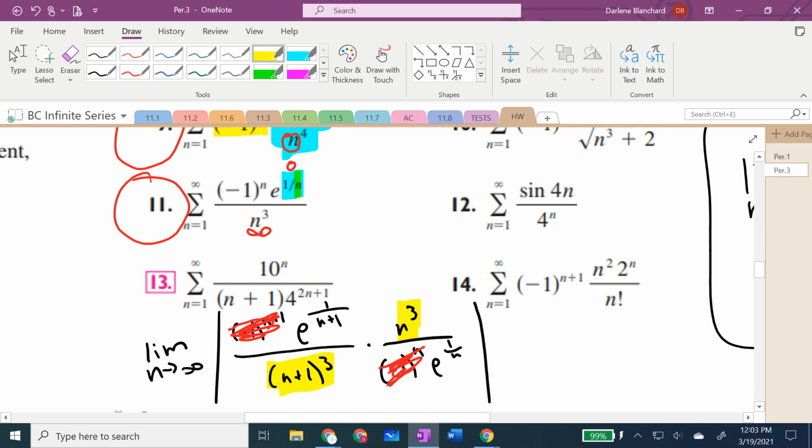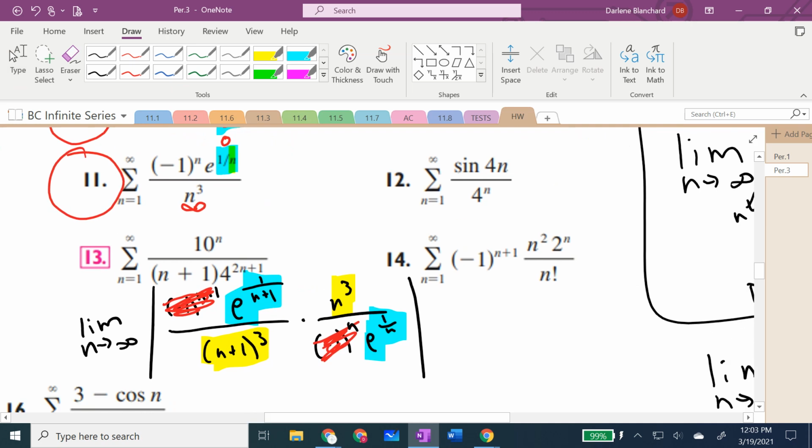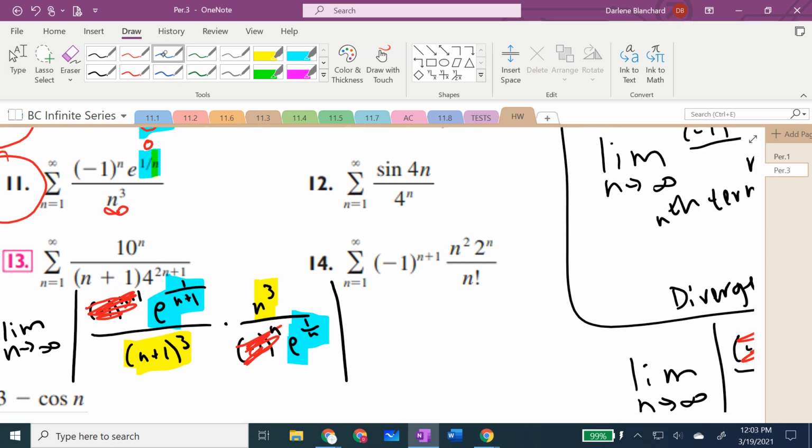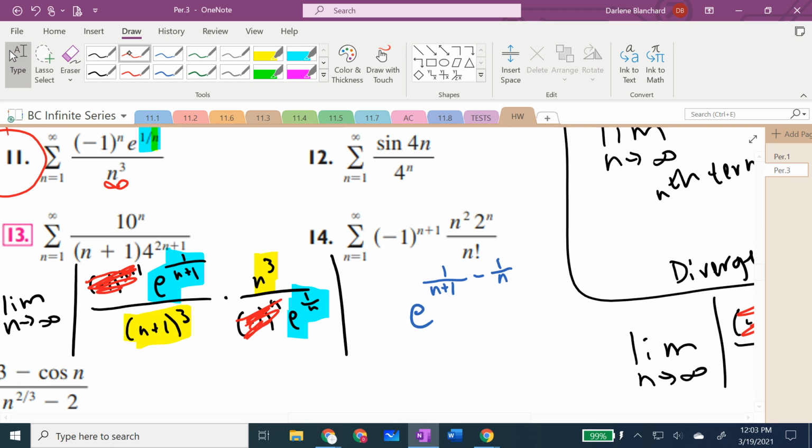And then I need to figure out what this actually is. Because by exponent rules, the numerator is turning into e to the 1 over n plus 1 minus 1 over n. Now, if you wanted to be really sure of yourself as to what you're getting, you can do a let's find the common denominator game.